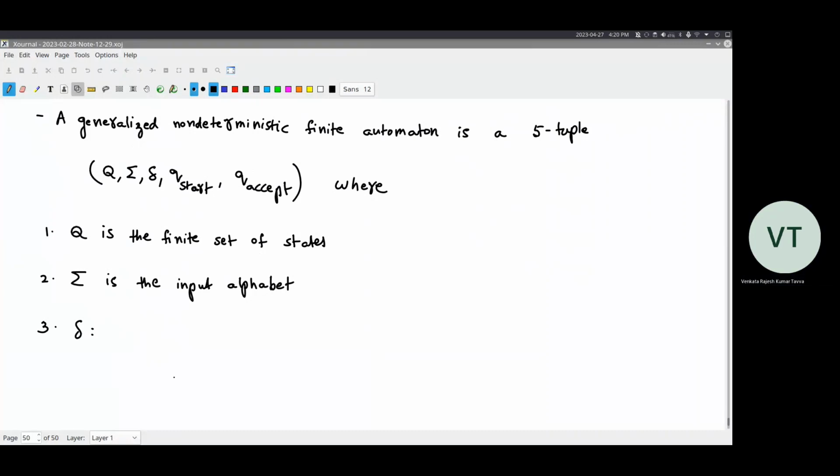Output will be one state. Yeah, that is fine. But the point is, it may not be one state, because when you combine multiple regular expressions, I mean multiple symbols, sometimes you may end up with the same regular expression.